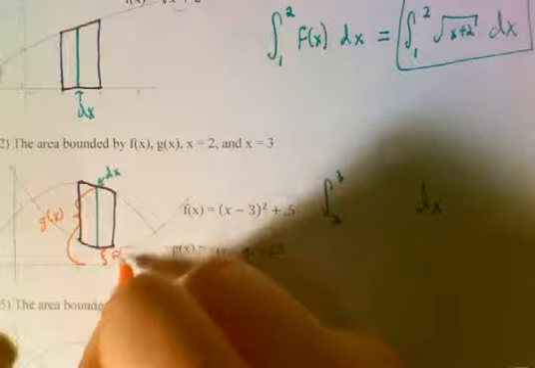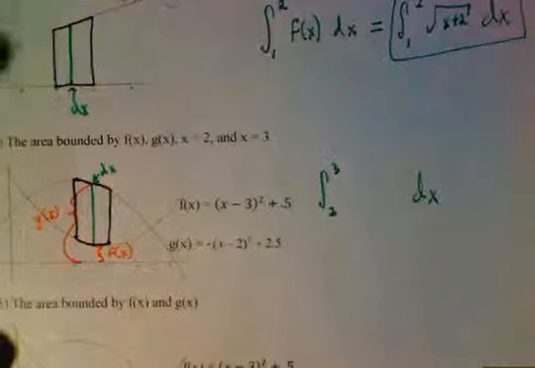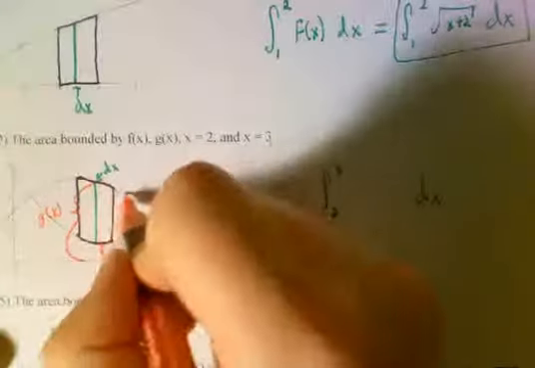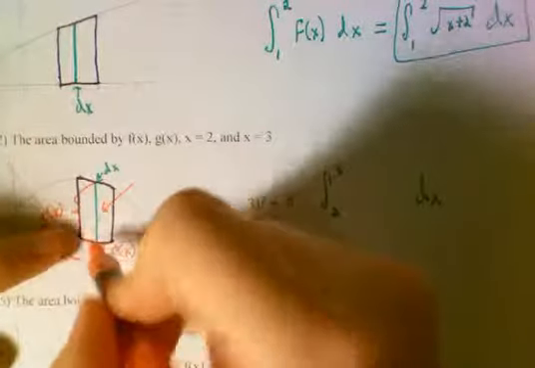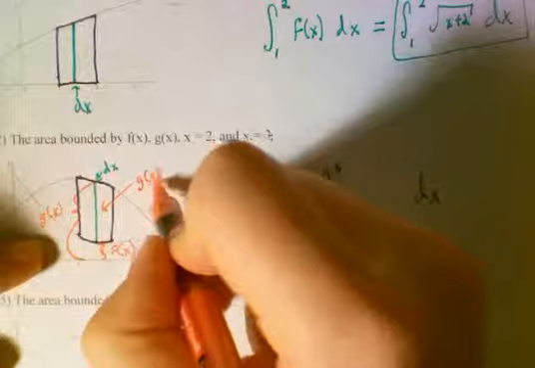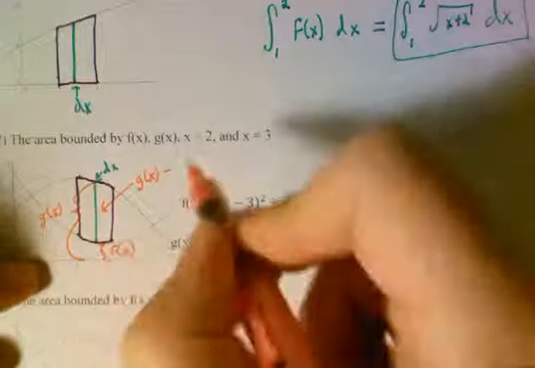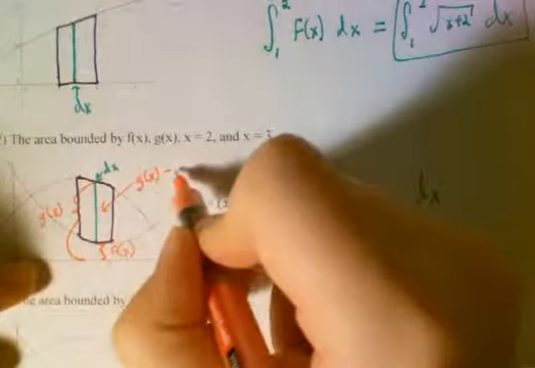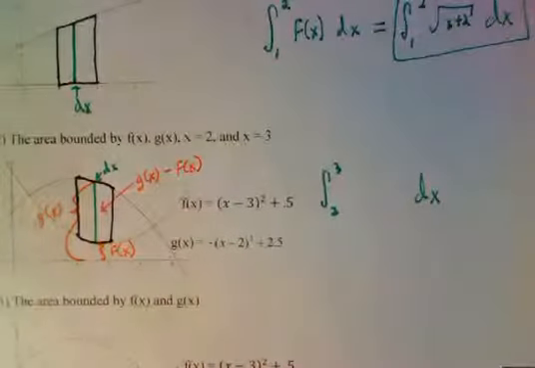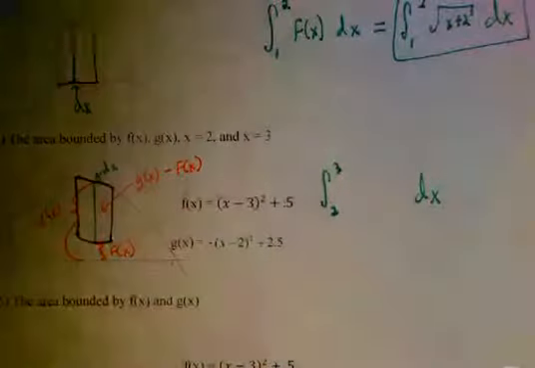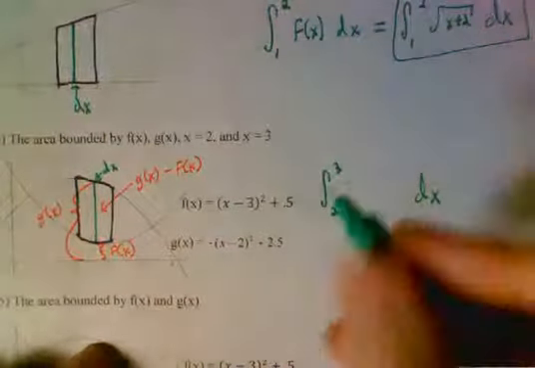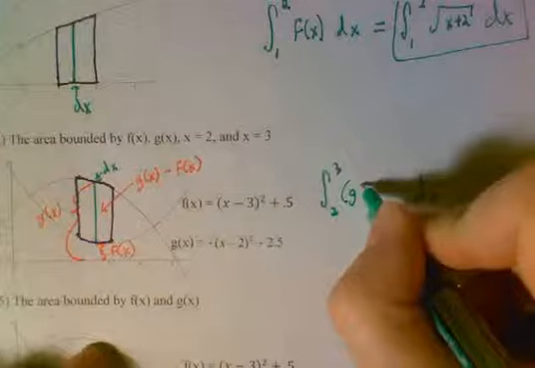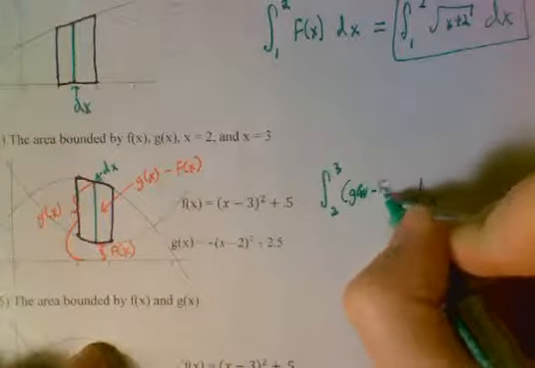This distance, that's f of x. And this distance right here is that we started off with g of x, and then we took away this little piece down here that we don't want. So the height that we're looking at here is g of x minus f of x.